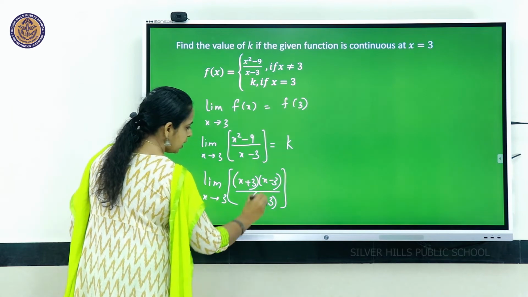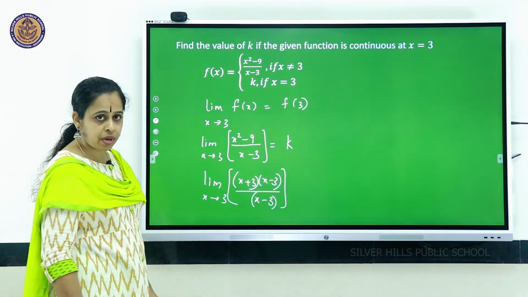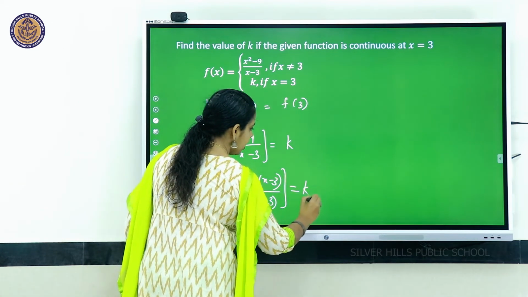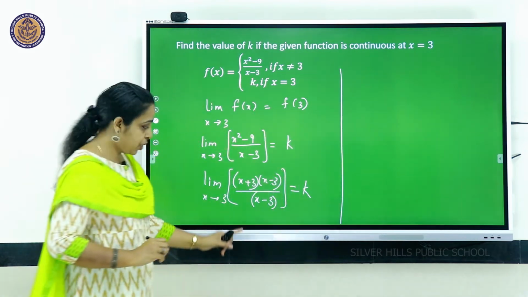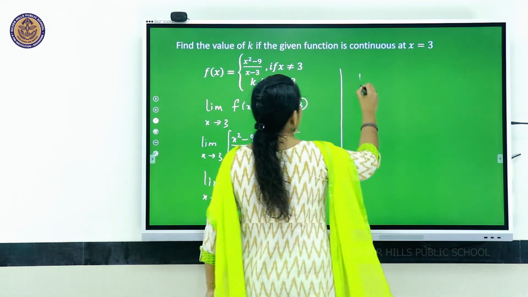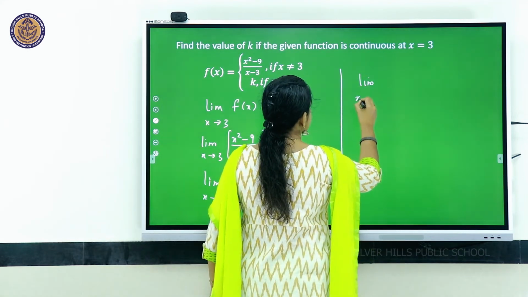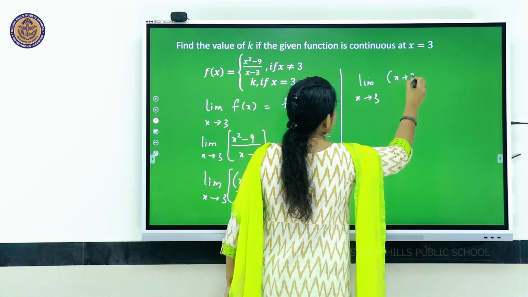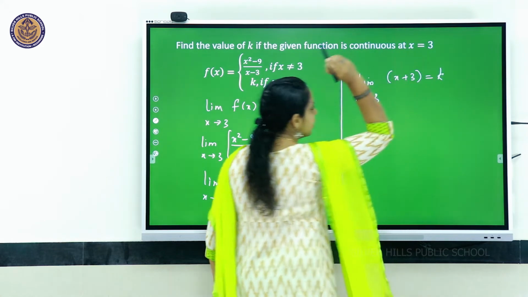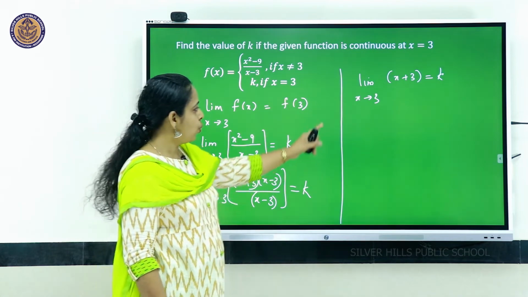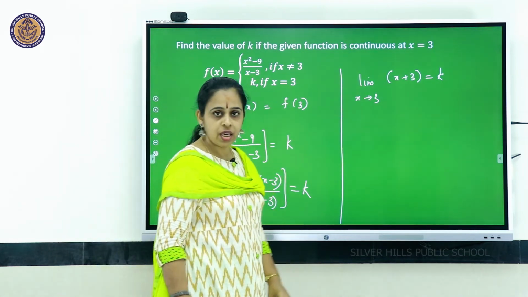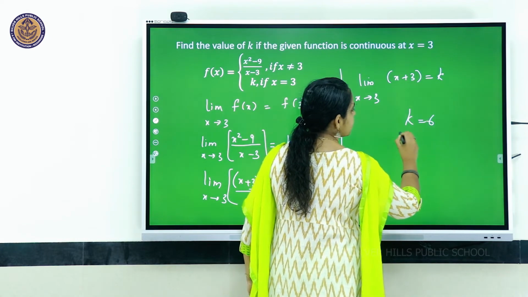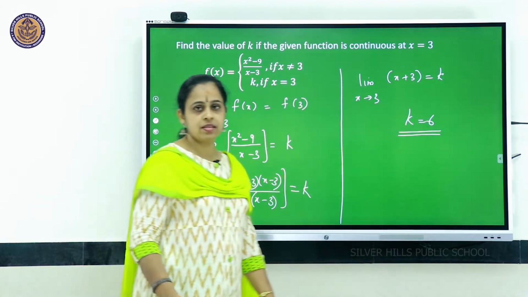Here you can see the same common factor x minus 3 which will get cancelled. Continuing, limit x tending to 3, x plus 3 equal to k. Now we can put x equal to 3, 3 plus 3 makes 6. So the value of k is 6.